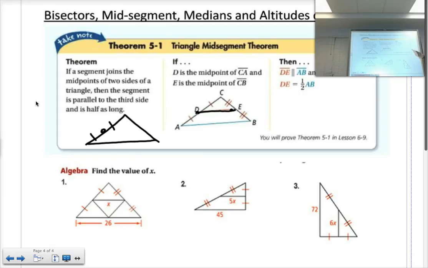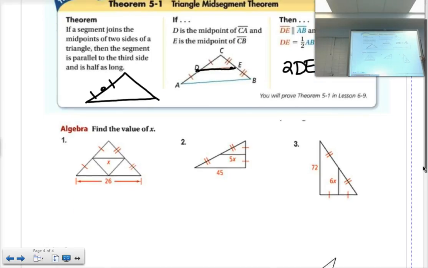Now, instead of thinking of it as 1/2 the length of the side that it's parallel to, I like to think of it as 2 times the midsegment is equal to the parallel side. I think it's easier to set up an equation with 2 times something than to take 1/2 of something. But let's see if it works. We'll do it both ways if you like.